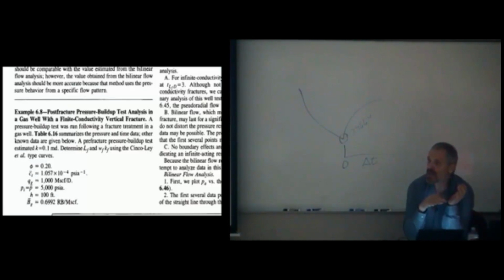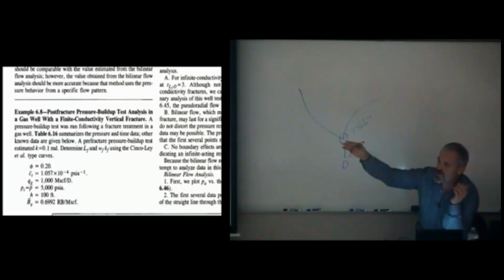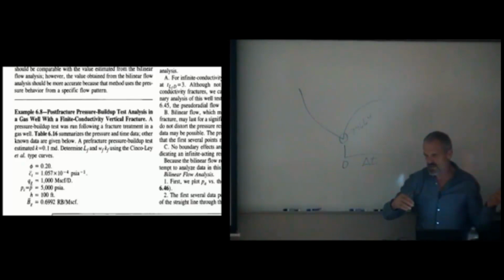Remember that first one had a linear flow and a radial flow regime, so we were able to get the radial flow. We got a perm, used it in our square root of KXF, and we could get an X sub F. We're not going to see any radial flow. I know that because I've worked this example, but he's also telling us that.